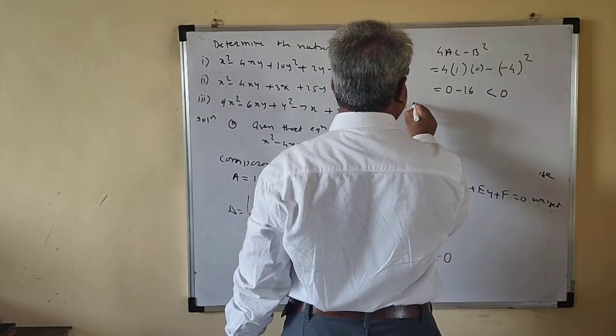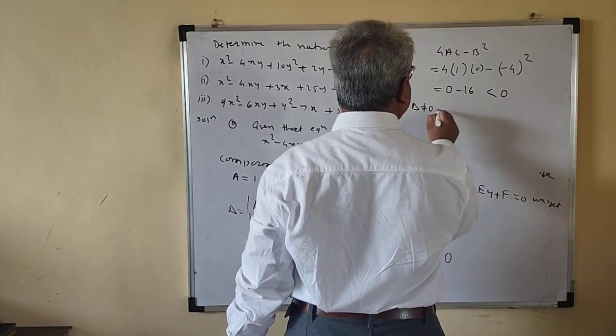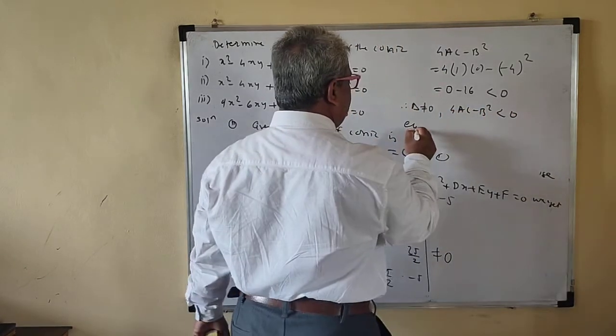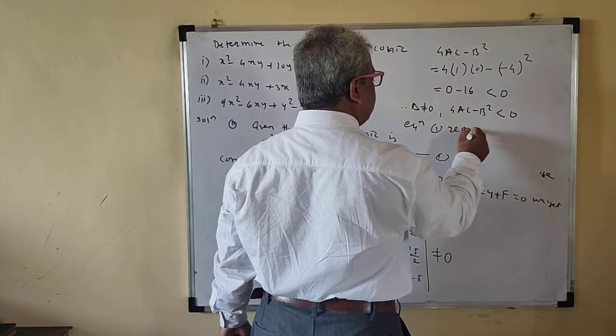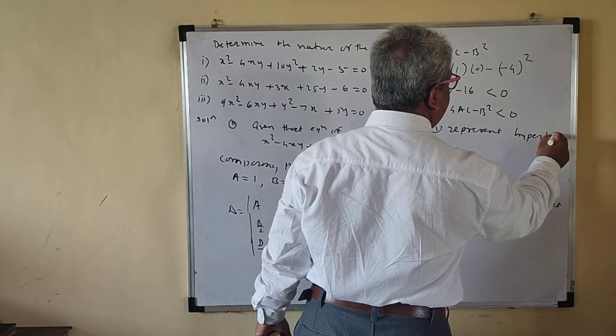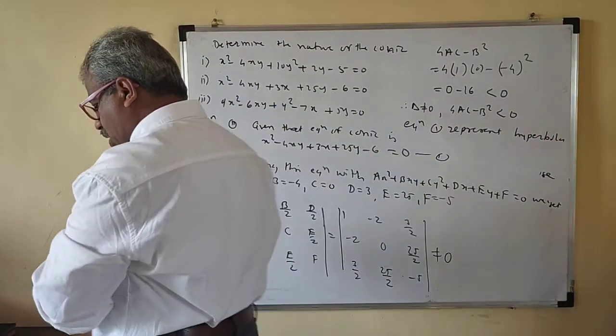So therefore delta not equal to 0 and 4ac minus b square is less than 0. Therefore the equation represents a hyperbola.